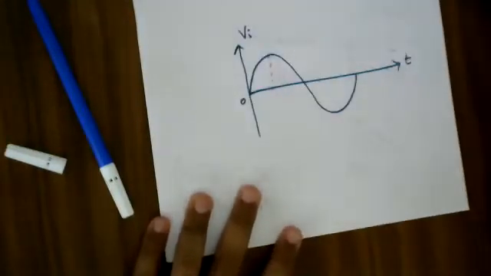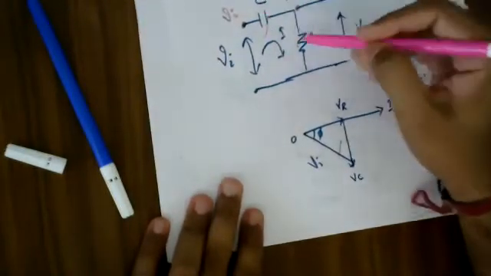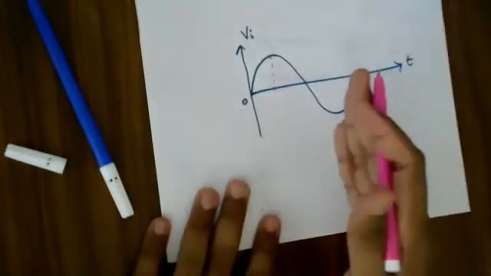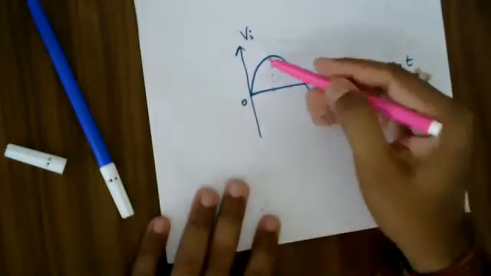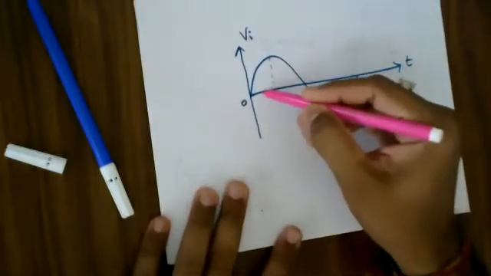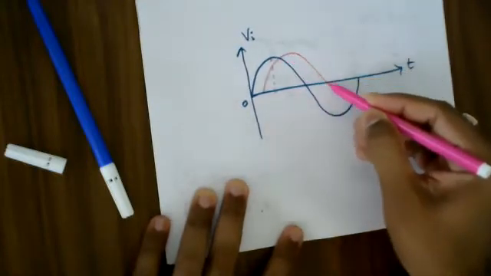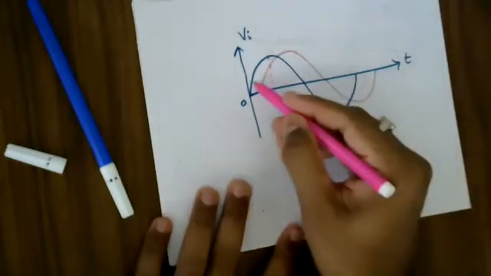Okay, but since I'm not only having the component C, along with C I'm having some amount of resistance. It simply means the angle cannot be equal to 90. It has to be less than 90. Now let me say that the same input signal is being phase shifted by some angle phi.